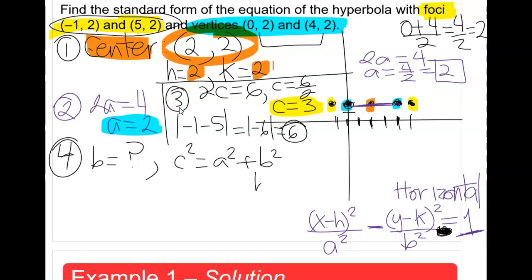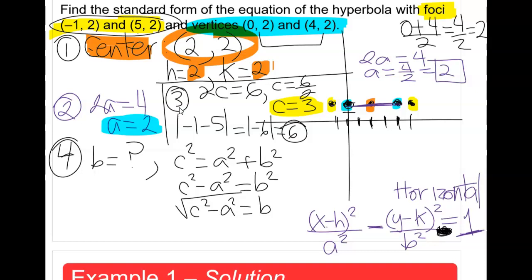So if I want to solve for b squared, it will be c squared minus a squared. But if I want to solve for b, then it will be the square root of c squared minus a squared. So let's go ahead and substitute that.